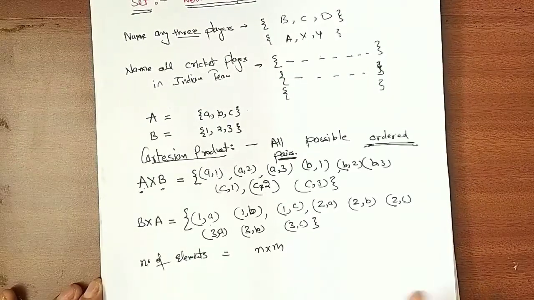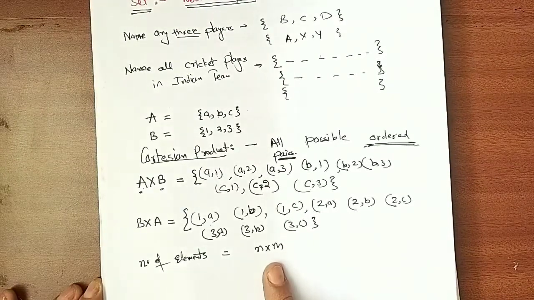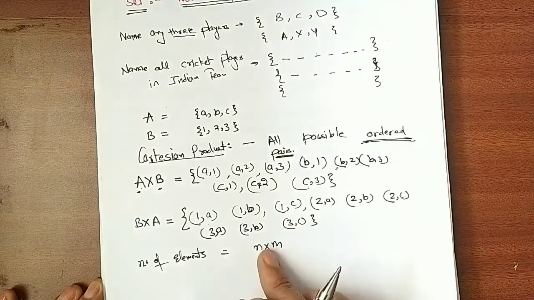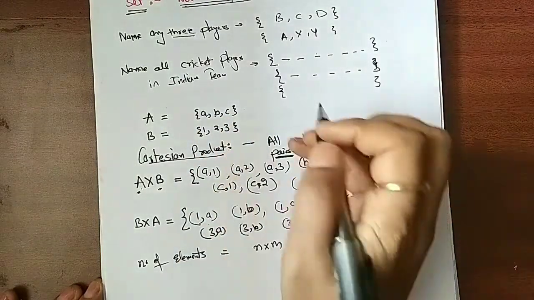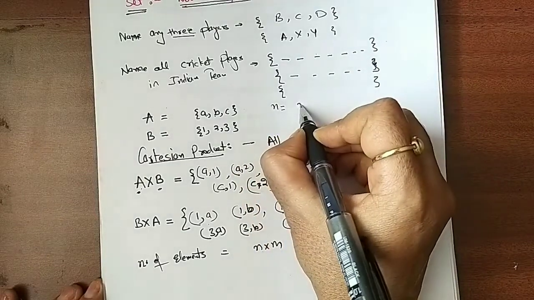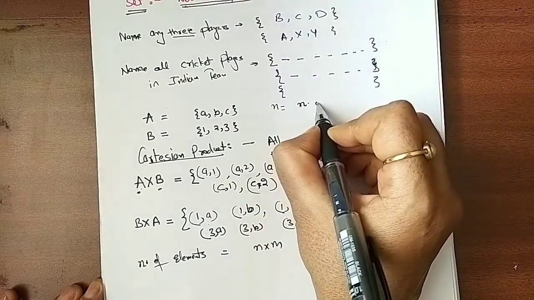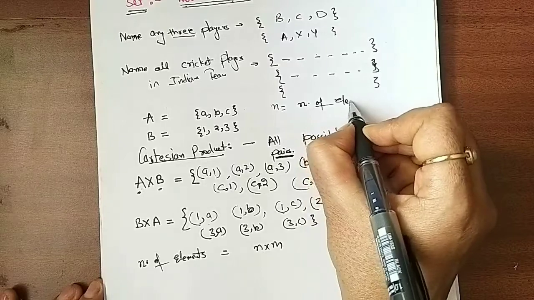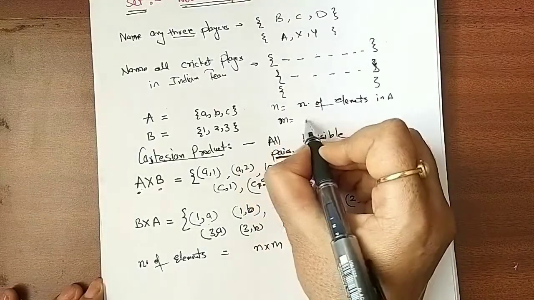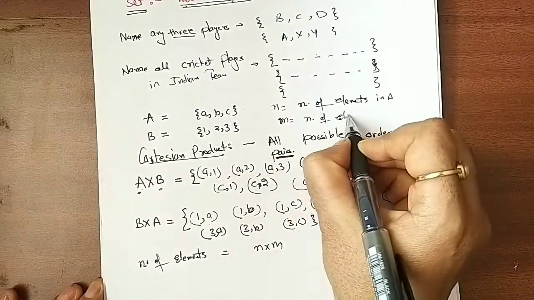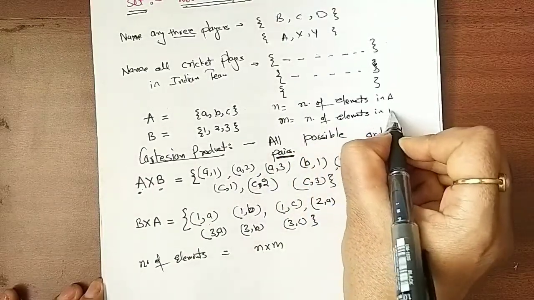Please write down this formula in your formula notebook. Why n cross m? Because n is the number of elements in set A and m is the number of elements in B.